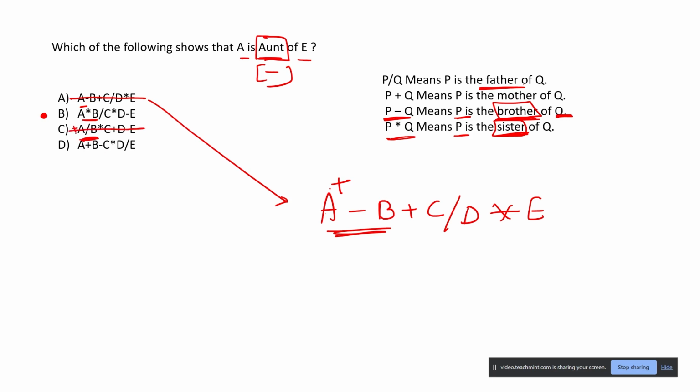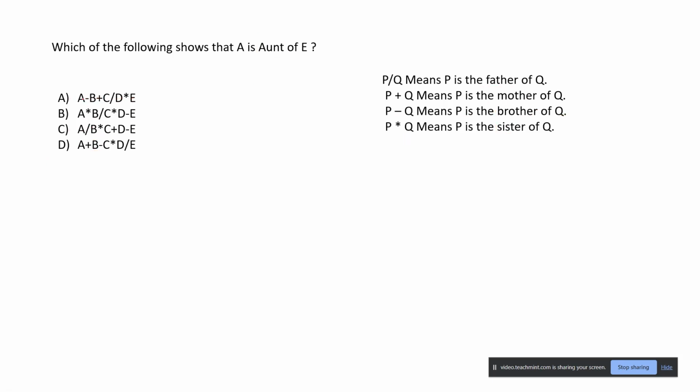So I can say this is also not my answer. Let's go for A plus B. A plus B means A is the mother. So A is a female person. So here also female, and I want a female person. So I can say this can also be my answer. So without doing the problem, you can directly eliminate option A and option C, because I want a female person, but those are male persons.